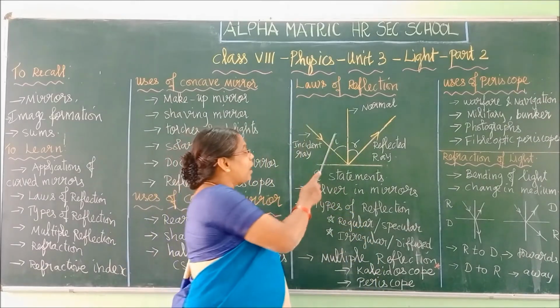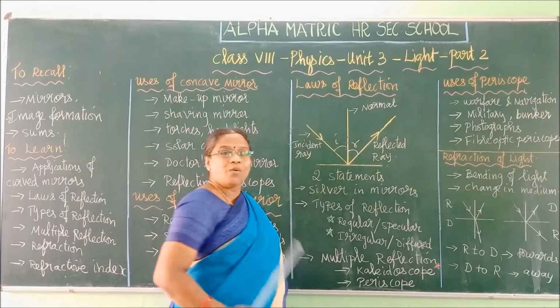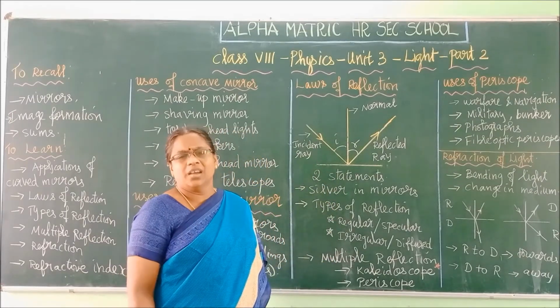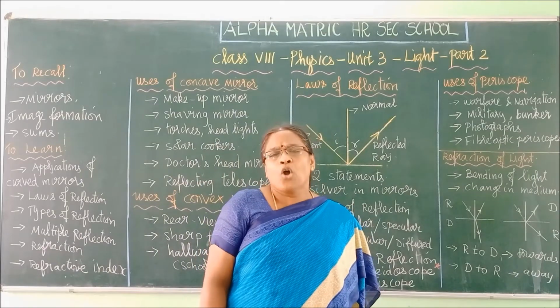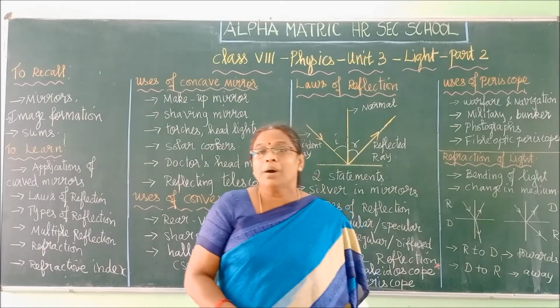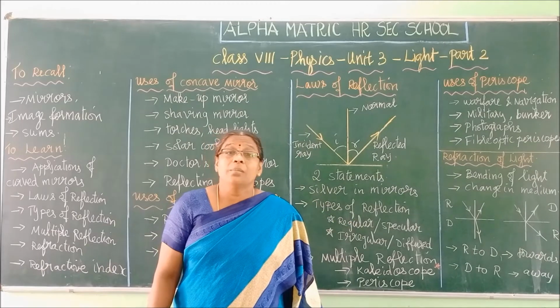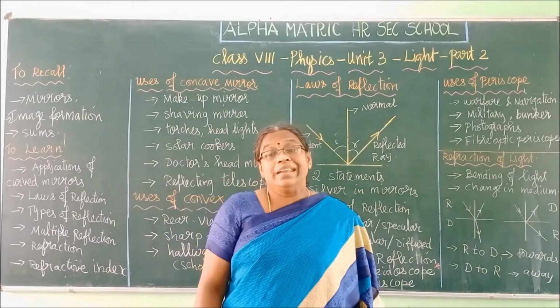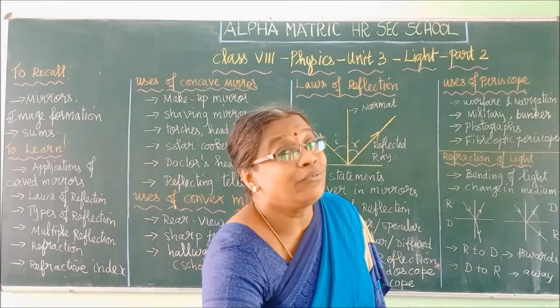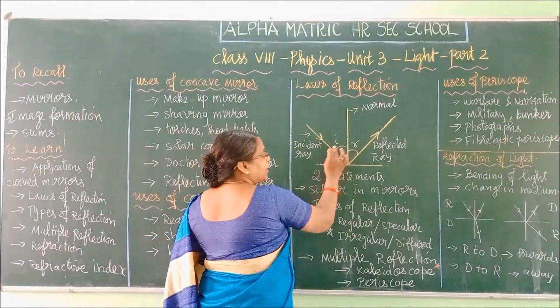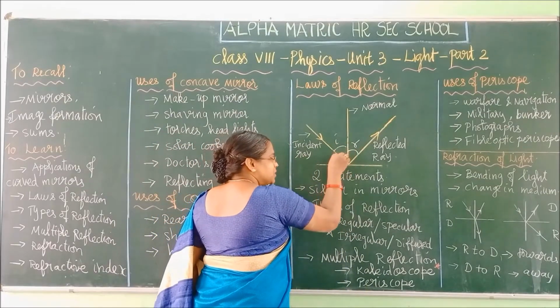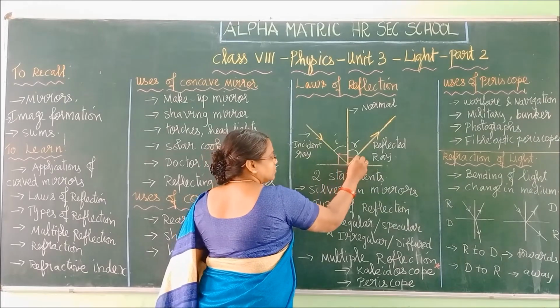Now, along with these two, we have one imaginary line. It is just a line drawn perpendicular to the surface. Perpendicular means what, children? Making an angle of 90 degrees with the surface. Keep that word in your mind. This angle is not 90 degrees.